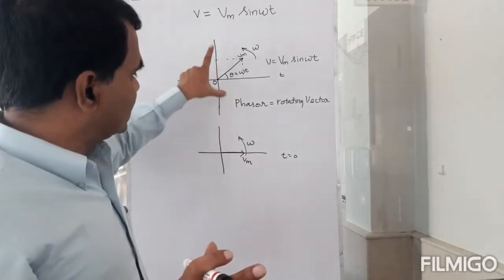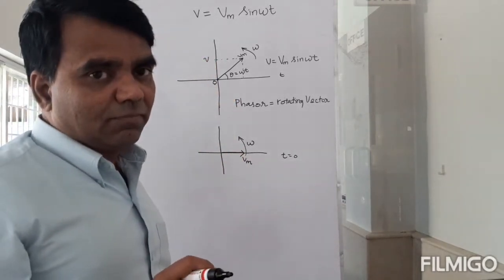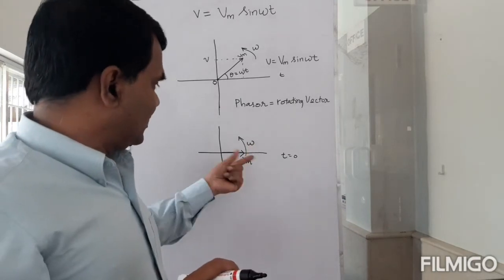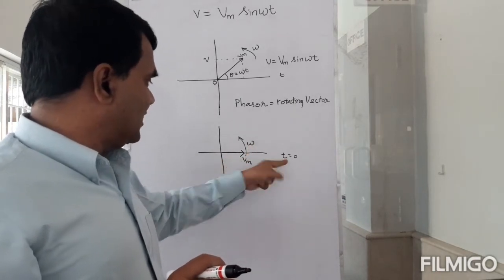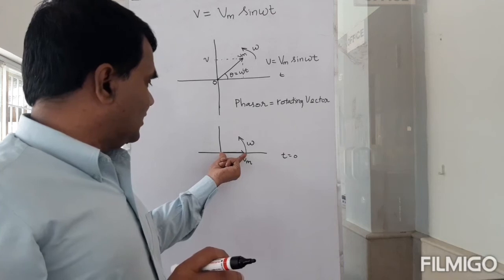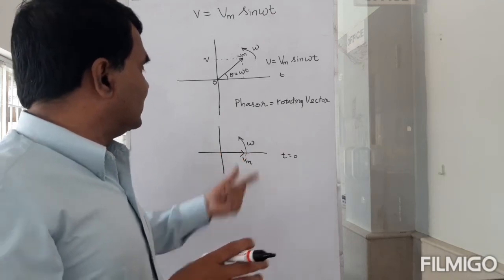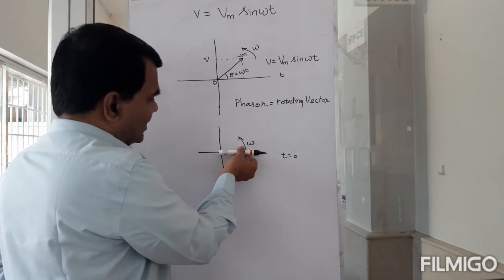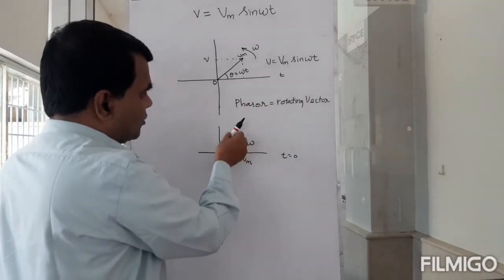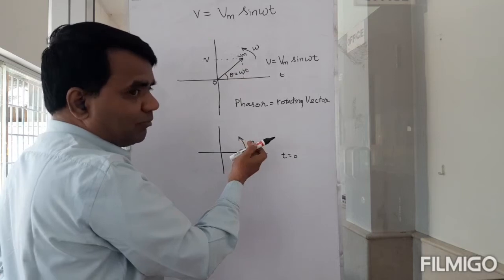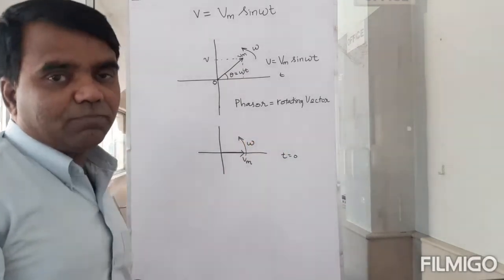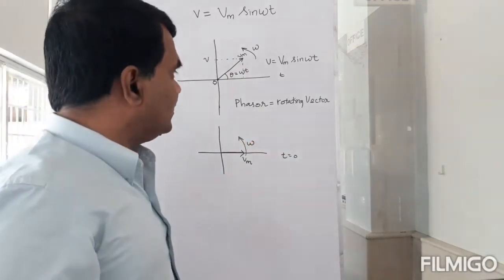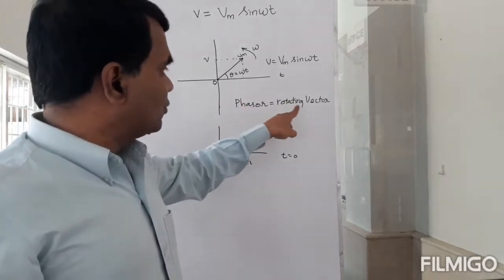They both represent the same thing. I have given omega, I have given Vm, and the phasor is here at time equal to 0. So clearly at time t, it's going to be here. Same thing. So there is no difference. Okay? So a phasor is a rotating vector.